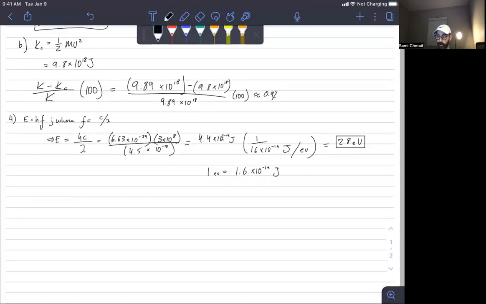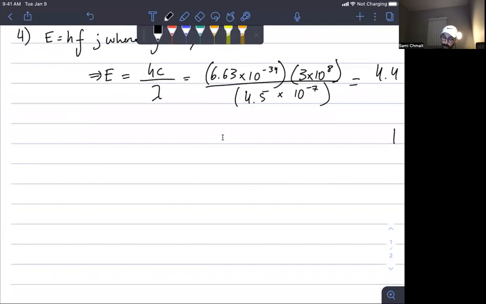Okay, so moving along to question 5. We want to calculate the momentum of a photon whose wavelength is 4 times 10 to the minus 7 in part A. And then in part B, we want to find the speed of an electron having the same momentum as the photon in part A. So again, to calculate the momentum of a photon, let's use this equation.